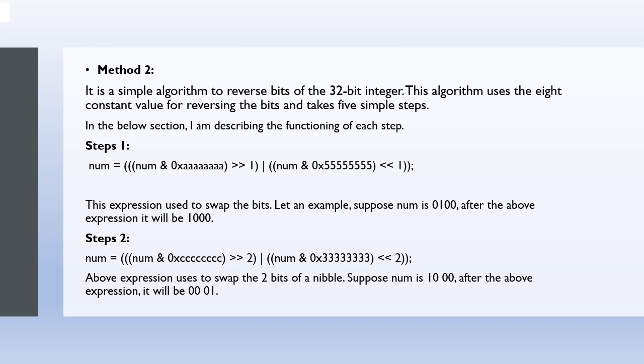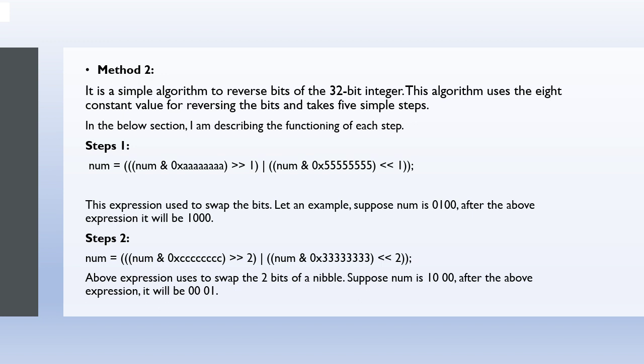Suppose my number is 1000. After the above expression it will become 0001. Okay, next is step 3. Here an expression is used to swap the nibbles. Earlier what we did is swap the bits, 1 bit, and second is 2 bits of a nibble.